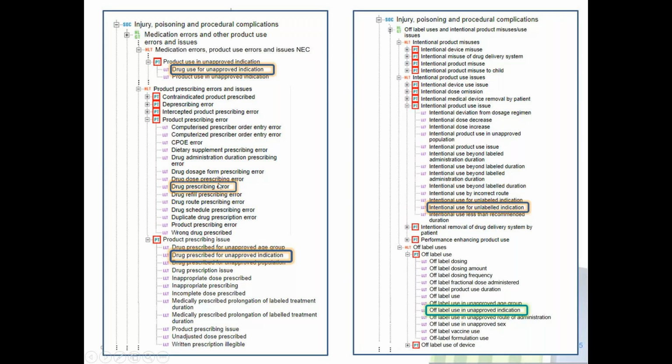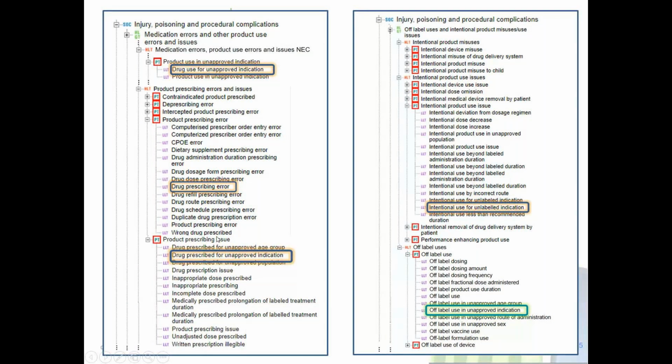So it was not an error, it was a conscious decision of the HCP to prescribe the drug for an unapproved indication. So drug prescribed for unapproved indication would also not be correct. Product prescribing issue, you see the hierarchy here.